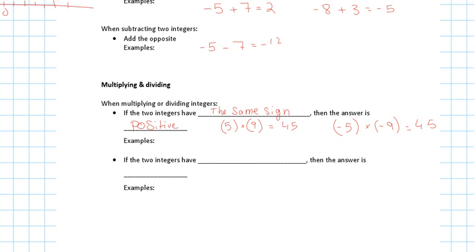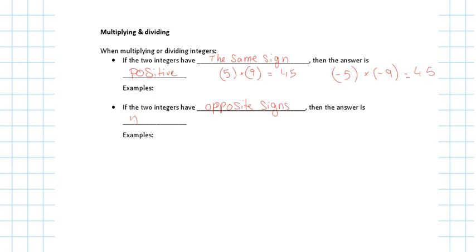If the two integers have opposite signs, so positive and negative, then the answer is going to be negative. No matter what the numbers are, in this case you're always going to end up with a negative. So if I have negative 3 times 5, negative 15.